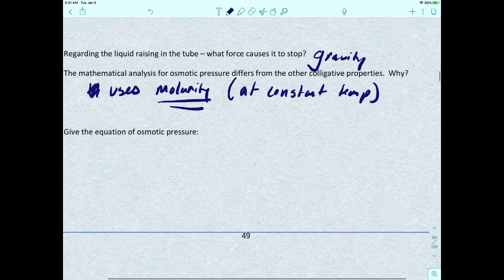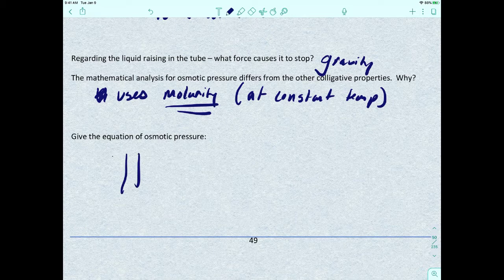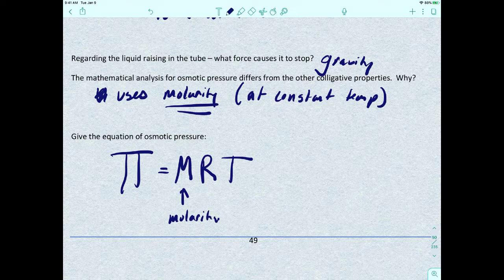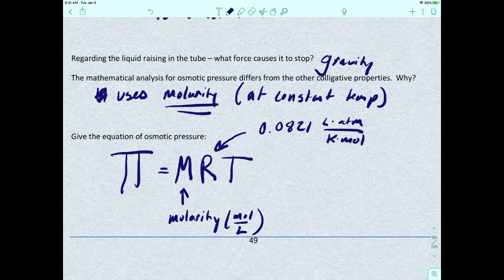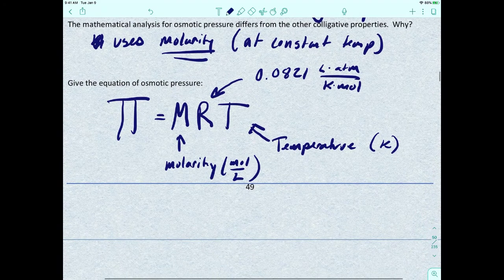So the equation that we're going to use is capital pi equals M times R times T. M is your molarity, which is moles per liter. R is the universal gas constant, which is 0.0821 liter atmosphere over K mole. And T is your temperature, measured in Kelvin. So that's how we calculate osmotic pressure.